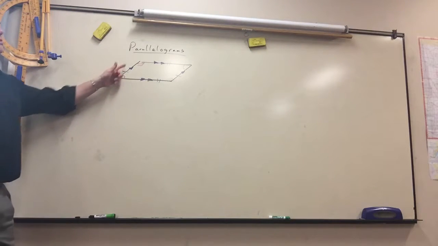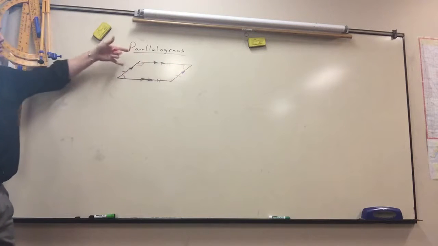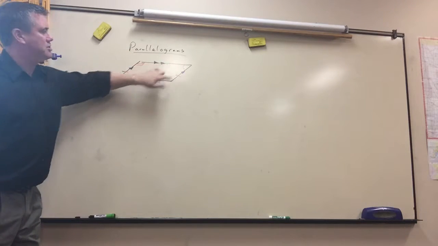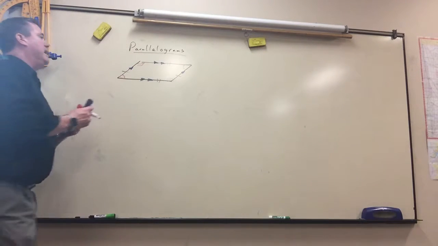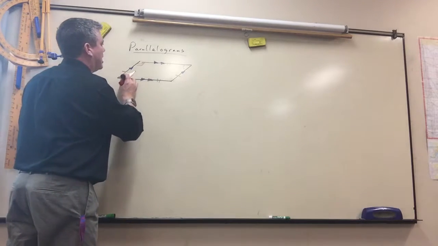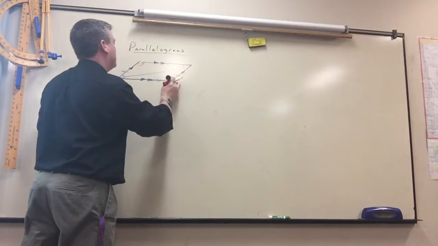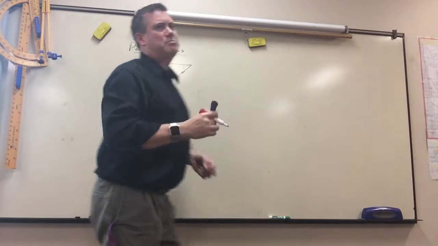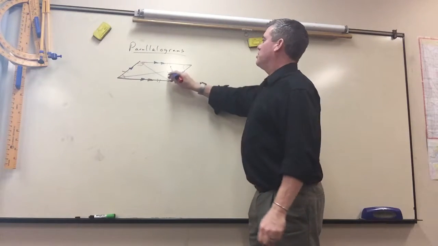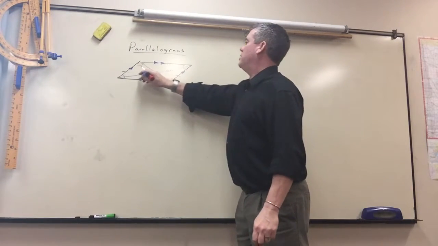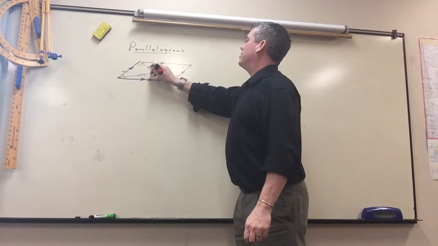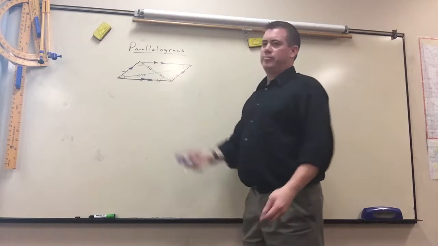Consecutive angles add up to 180. So these two add up to 180, these two, and these two. And if you draw the diagonals in, the diagonals bisect each other. So this piece would equal this one, and this one would equal that one. Okay?